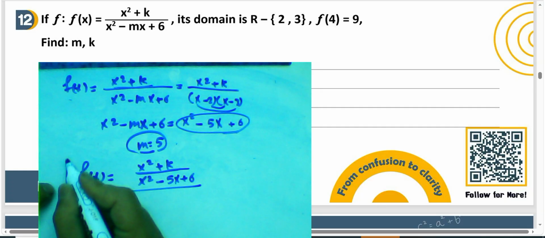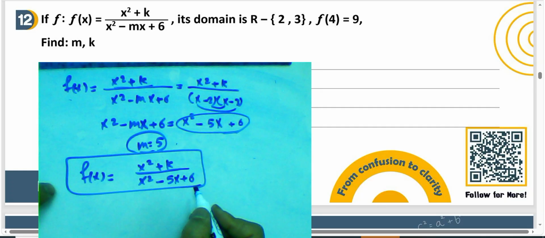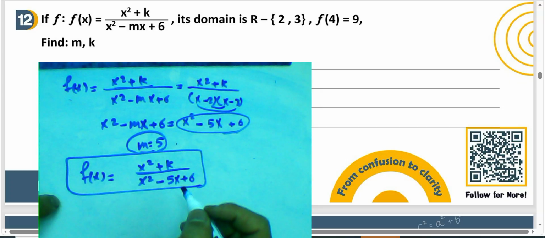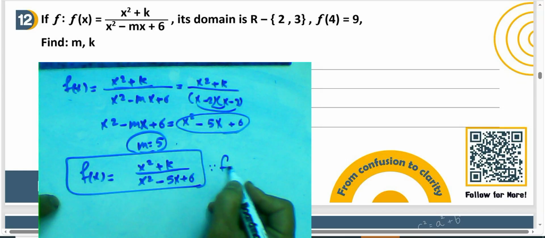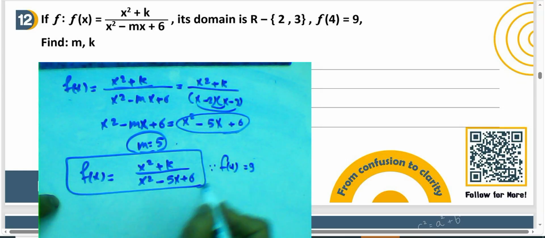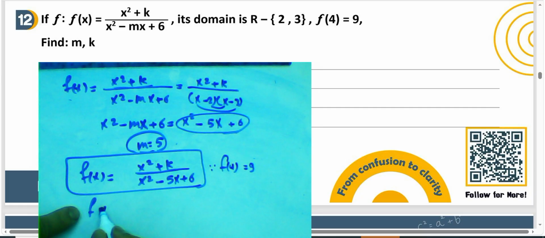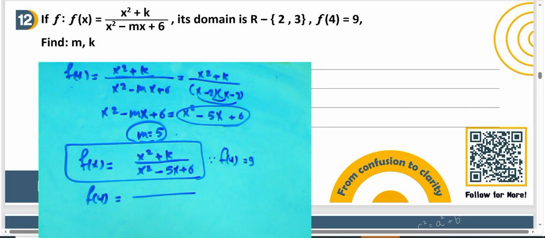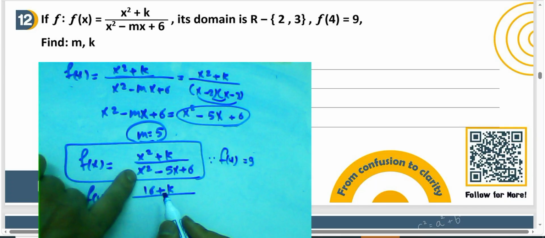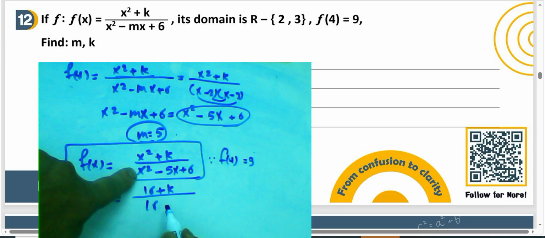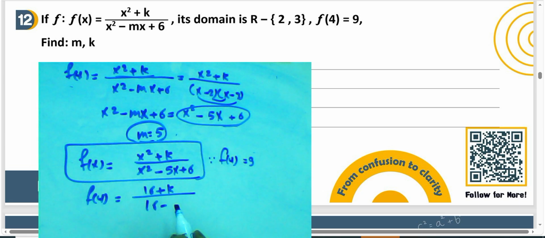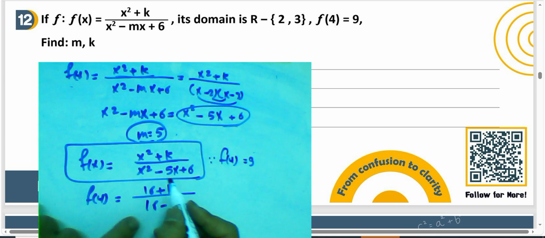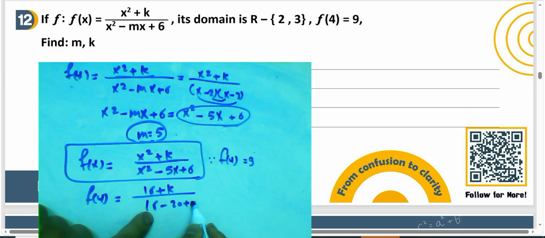He tells us also that f of 4 is 9, then you can put the value of x equal 4: 4 power 2 equals 16, 16 plus k over 4 power 2, 16, minus 4 times 5 is 20, plus 6, and all the number will be 9.